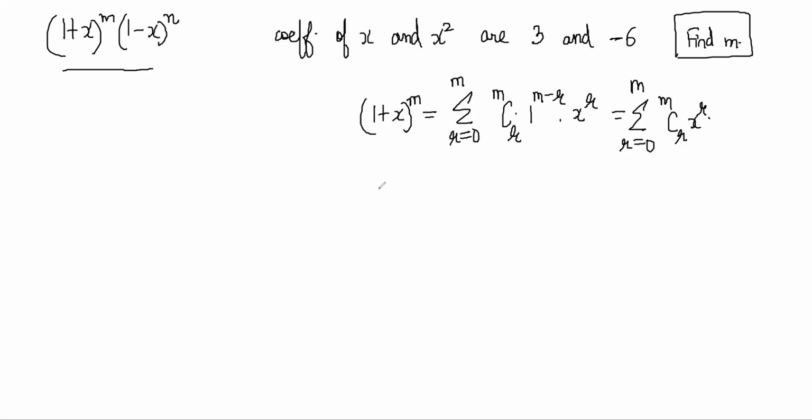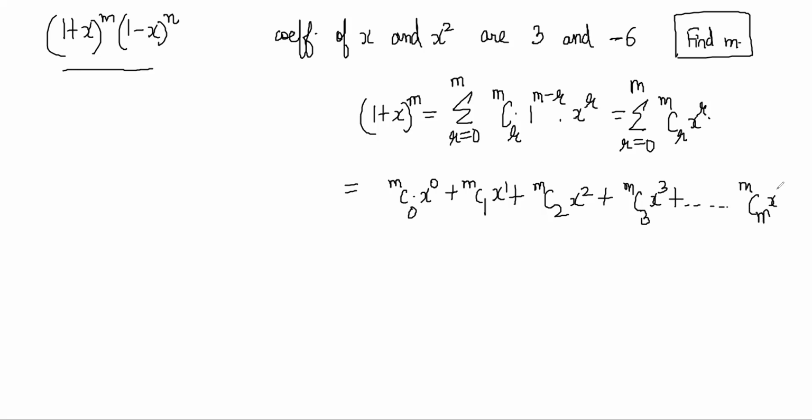So that can be written as mc0 x power 0 plus mc1 x power 1 plus mc2 x power 2 plus mc3 x power 3 and so on, till mcm x power m.